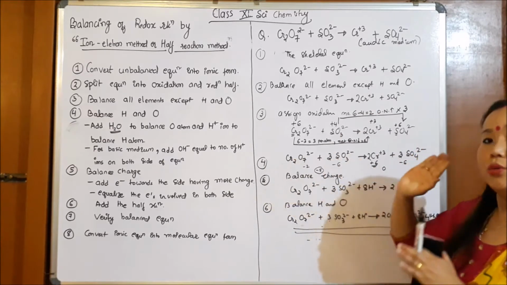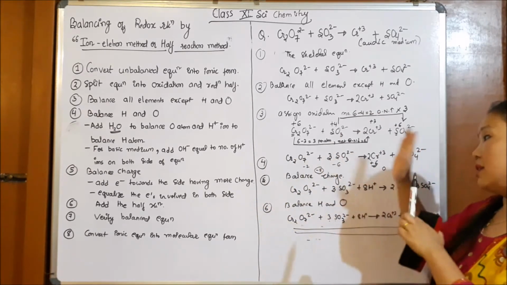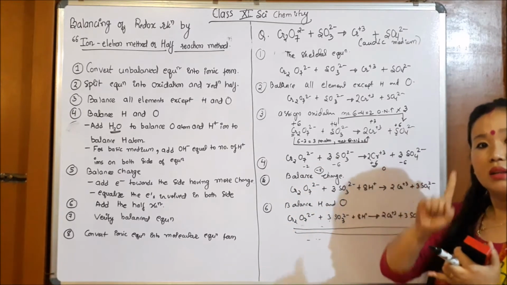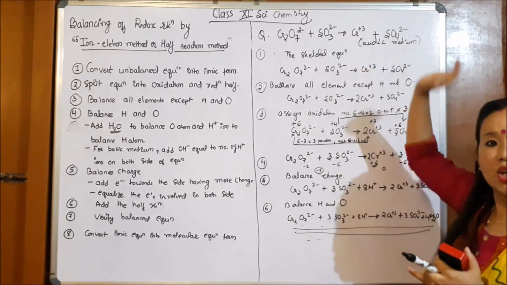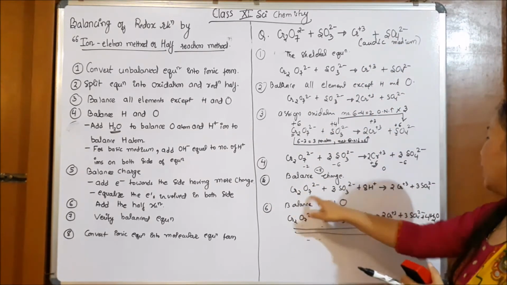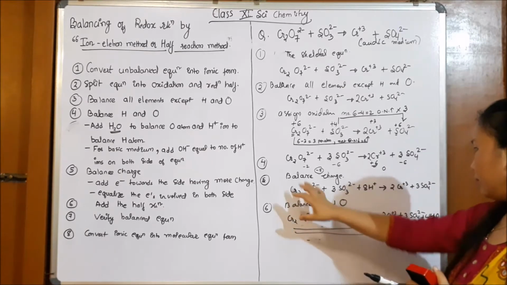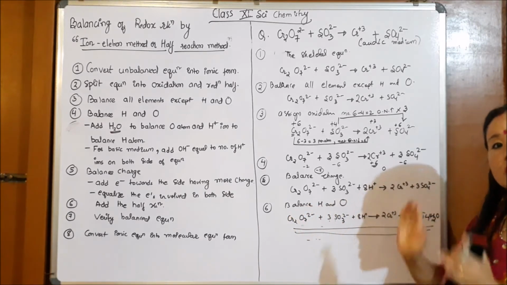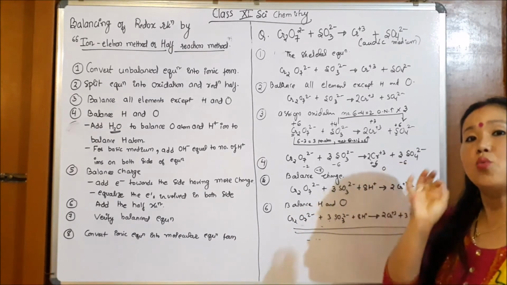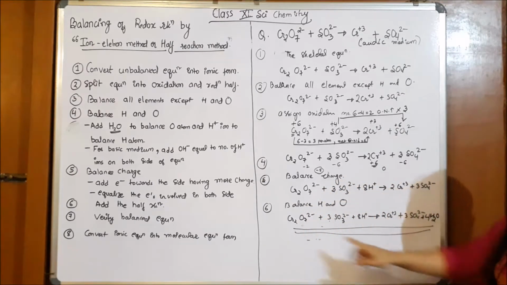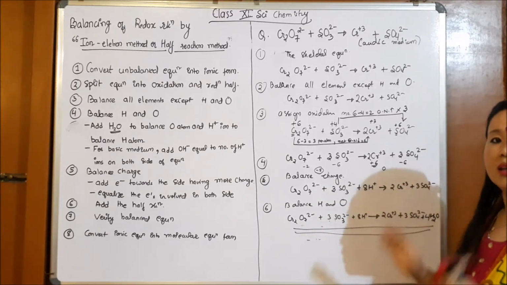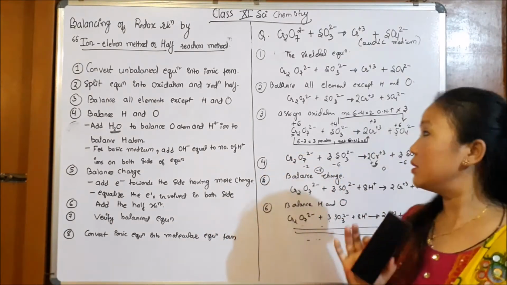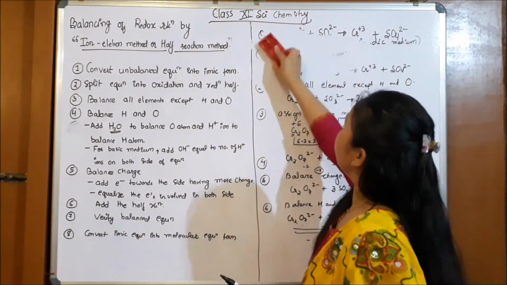After this you need to balance the charge. To balance the charge, you need to know whether the reaction is taking place in acidic, basic or neutral medium. After balancing the charge, last you need to balance hydrogen and oxygen by adding water on the appropriate side. Then verify once, and you will get the balanced chemical equation or balanced ionic equation.